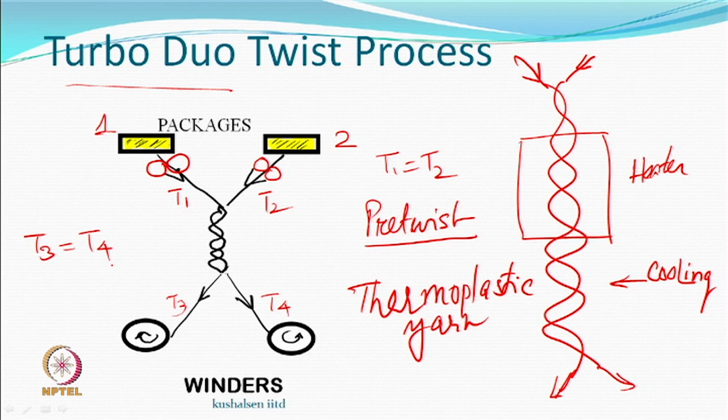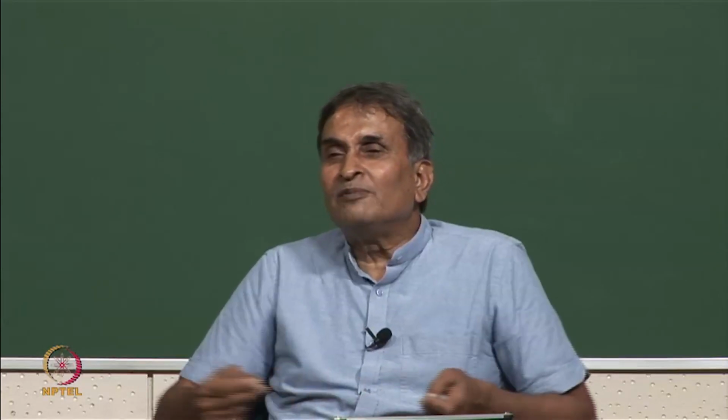If you do these conditions, then you can continuously keep feeding the yarn into the twisted zone and continuously keep withdrawing from the twisted zone, and this so called twisted area or length will more or less remain stationary at the same point. It will appear to be there, remaining there.